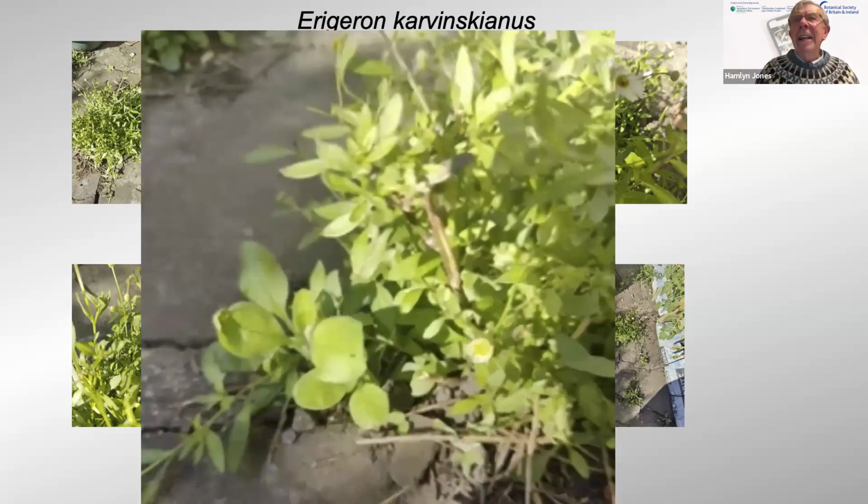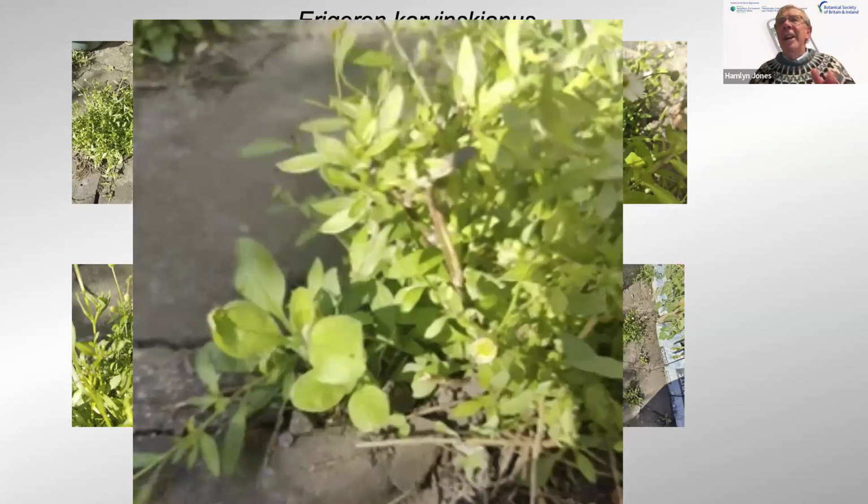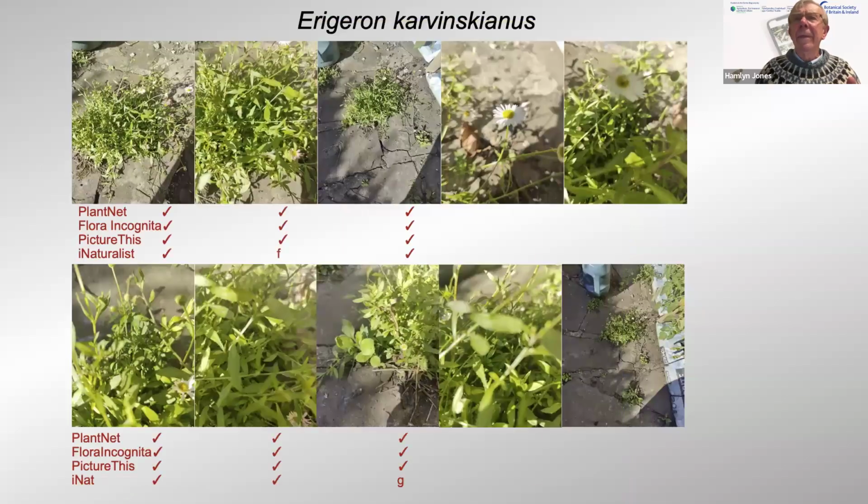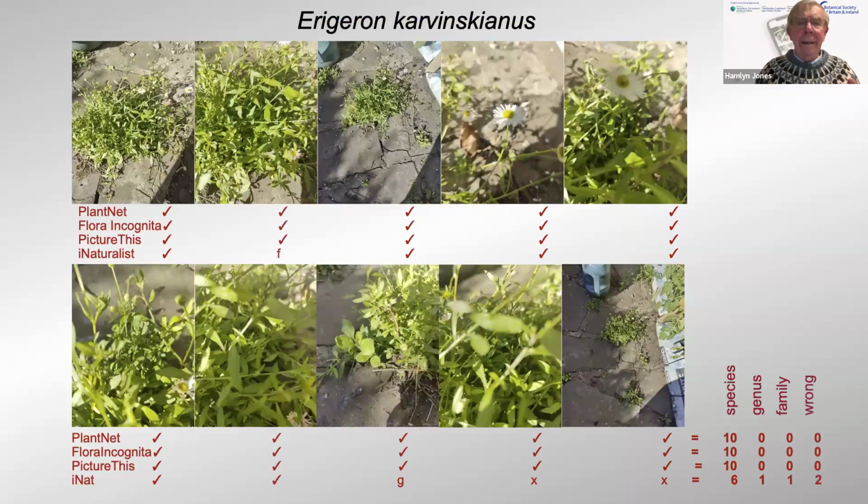That even has more of another species in the photograph than the one it's trying to identify. But again, three of the apps got 100% correct, and iNaturalist got only 6 correct. So iNaturalist wasn't as good. Pretty outstanding, I reckon.